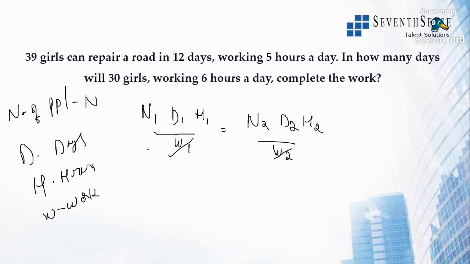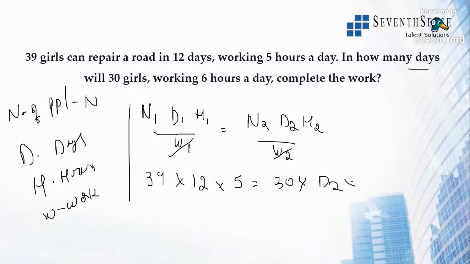Now substitute the values here. First they are telling 39 girls. How many days are they taking? 12 days, working 5 hours a day. That will be equal to 30 girls, taking D2 days, multiplied by 6 hours a day.